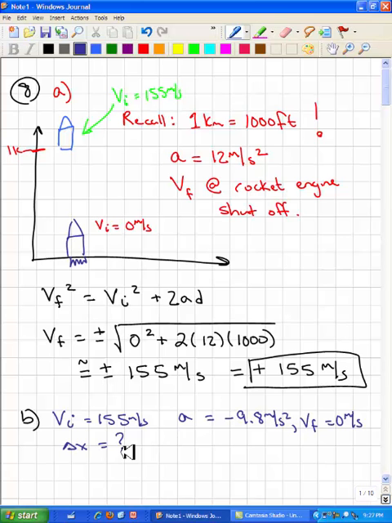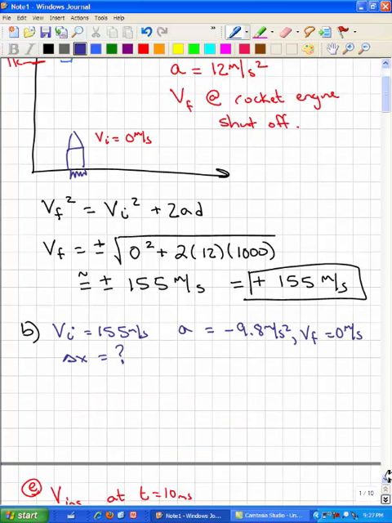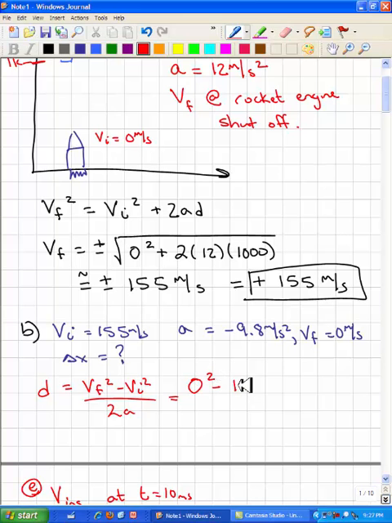Okay, same equation as in part A. We're just going to rearrange it a little bit. So if I solve it for d, okay, I get d equals v final squared minus v initial squared over 2a, which becomes 1,225 meters.